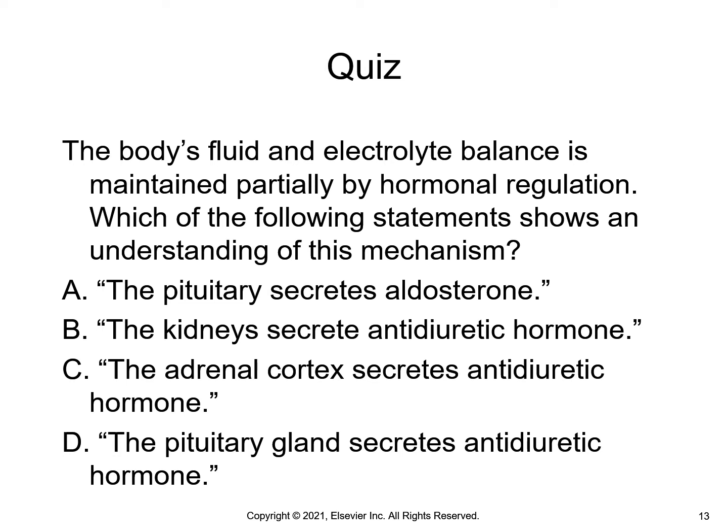The adrenal cortex secretes antidiuretic hormone. The pituitary secretes antidiuretic hormone. The answer is D. The pituitary gland secretes antidiuretic hormone.